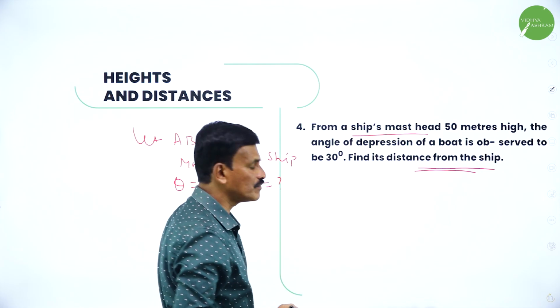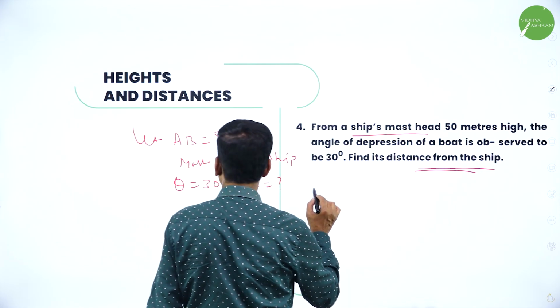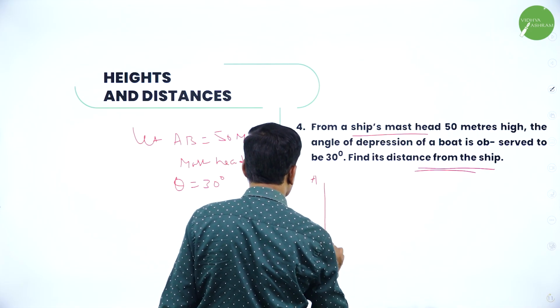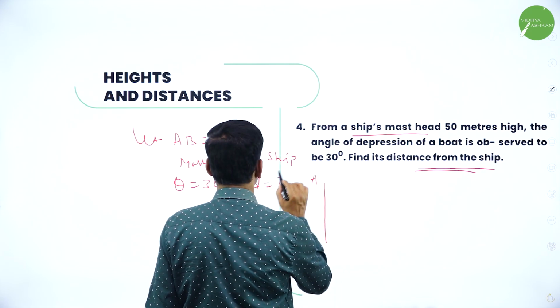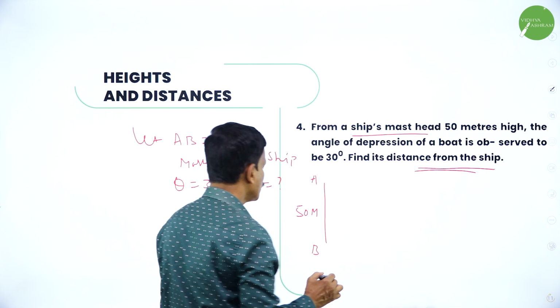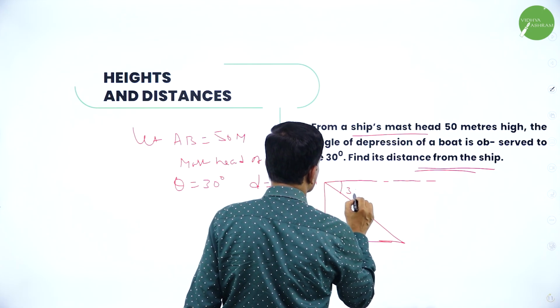Now write down the diagram for this. The diagram will be like this. This is the mast head of the ship, call it AB, which is 50 meters high. The angle of depression is given, that is equal to 30 degrees.